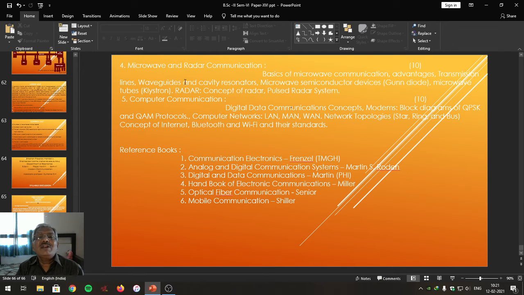After studying the waveguides, we are modifying them so as to construct the cavity resonators. The role of cavity resonators in the microwave communication.